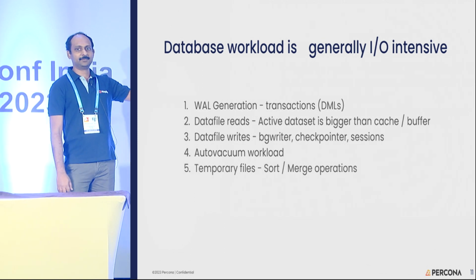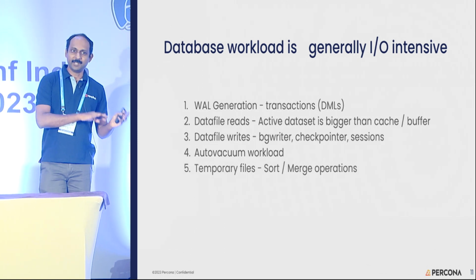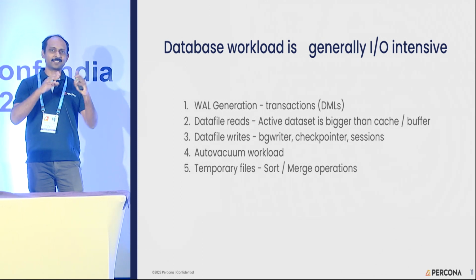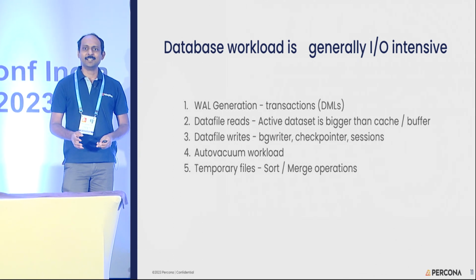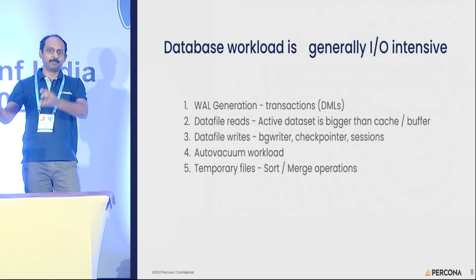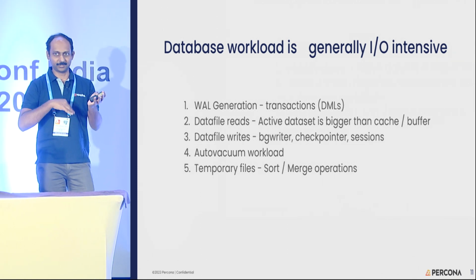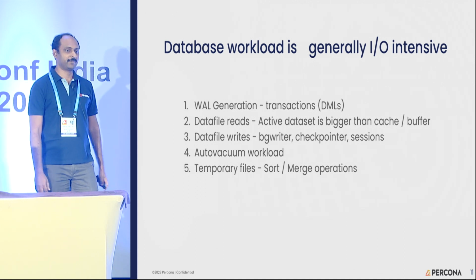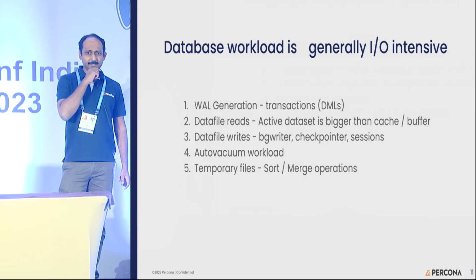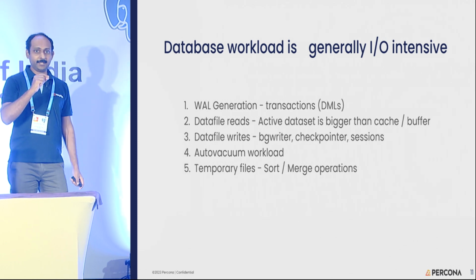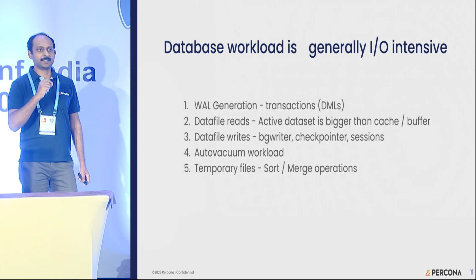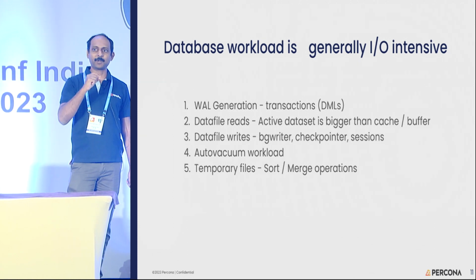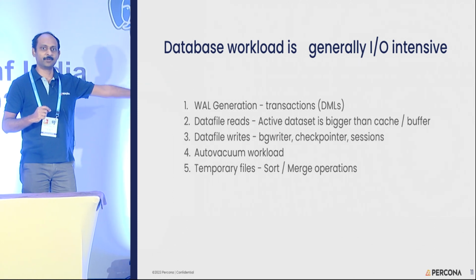Temporary files. Majorly I see that a lot of people write queries like select star from a table, join with another thing. So effectively, a lot of data will be fetched into memory and sorted, joined, and it will result in temporary file generation. And it is common to see per day temporary file generation going up to a terabyte. And if you have proper monitoring, you'll come to know about all these problems.